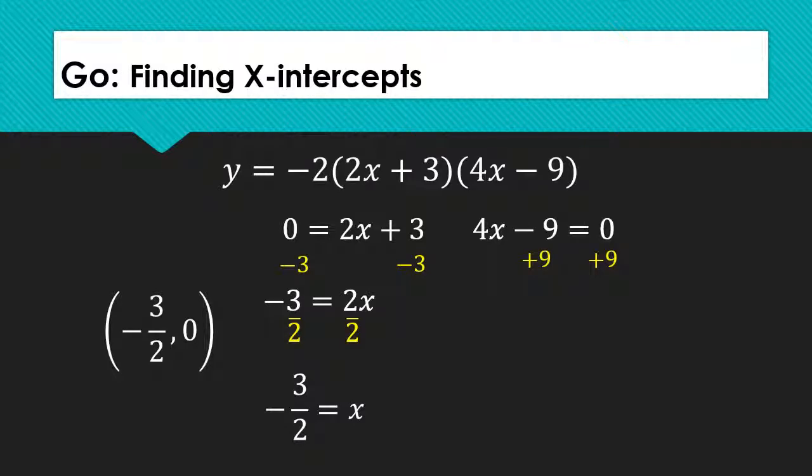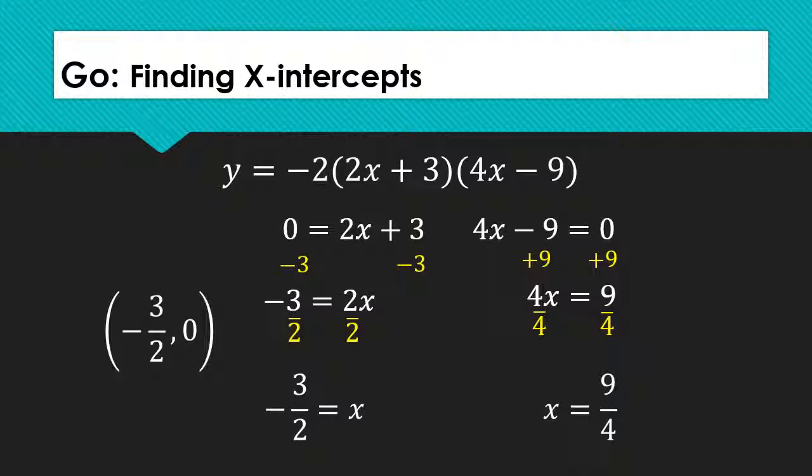In the third factor of the equation, or the second linear factor, we started with 4x minus 9 equals 0. We're using inverse operations to add 9 to both sides. We're left with 4x equals 9. And we're going to divide both sides by 4 to get the value of x, which is 9/4.